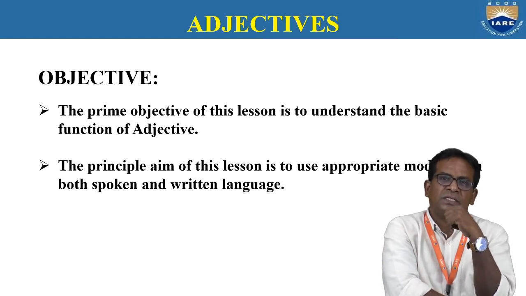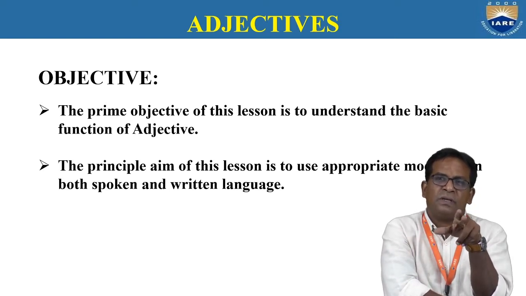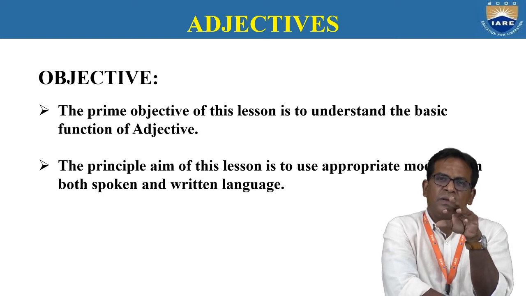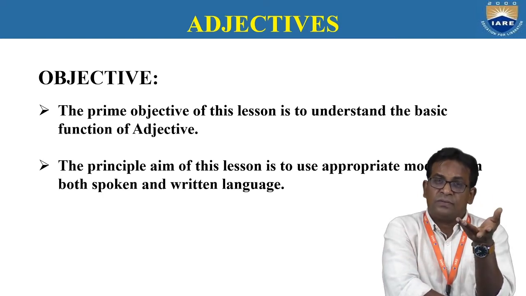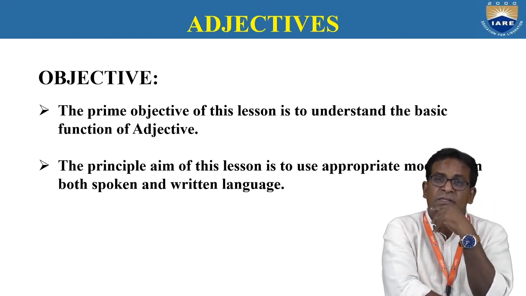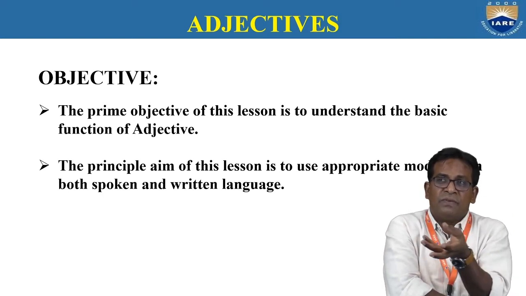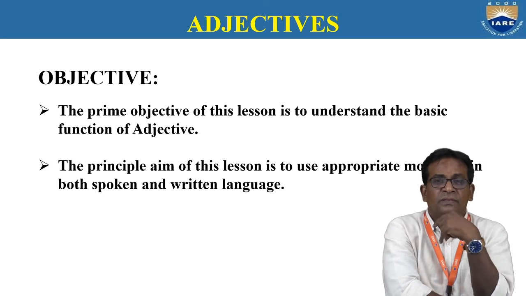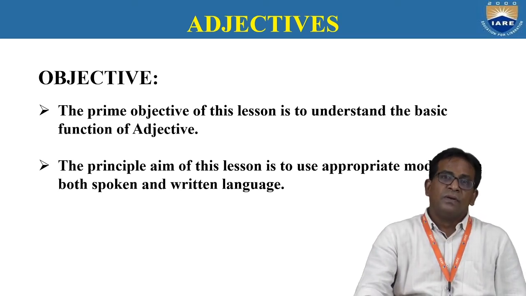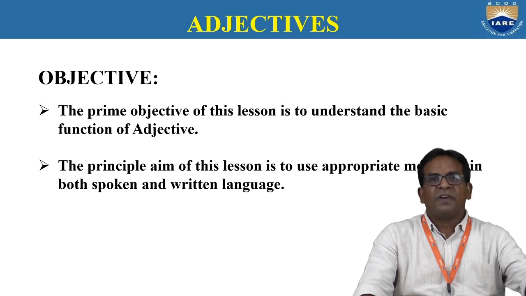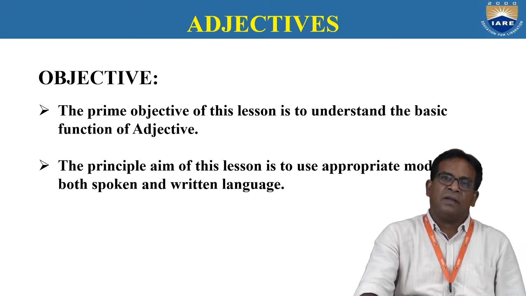We have to question ourselves whether we are using appropriate adjectives in both speaking and writing, or we are using very few adjectives and managing things. Usage of adjectives will convey that you are very perfect in the English language.